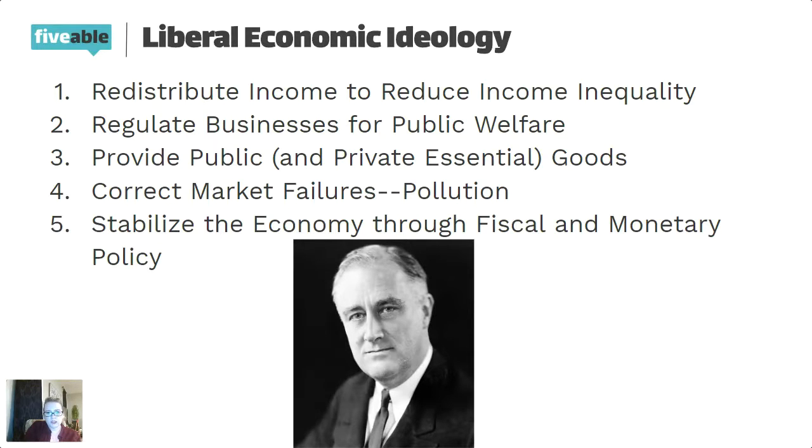We know that FDR, through the New Deal and Congress, him acting in concert with Congress, put out a ton of fiscal stimulus to get us out of the Great Depression, and it worked partially. World War II also stimulated the economy, and that extra government spending probably got us out the most because we spent a ton of money on it. Okay, but we'll talk about fiscal and monetary policy and how that can stabilize the economy.